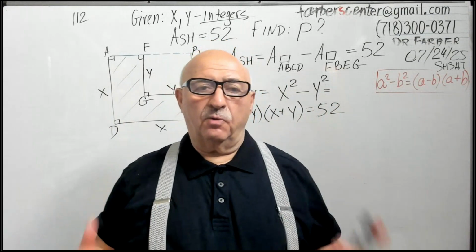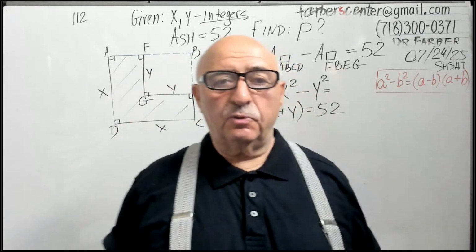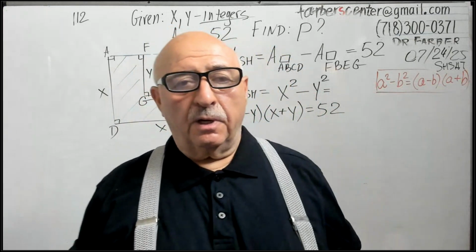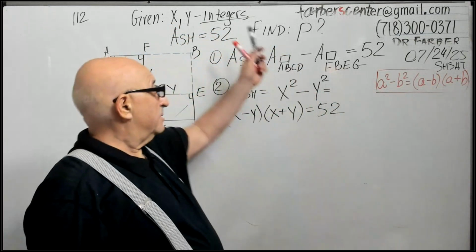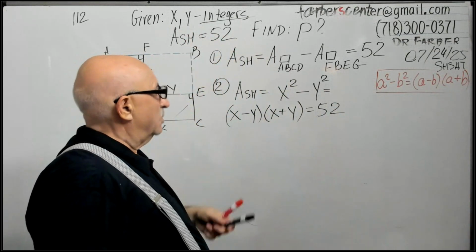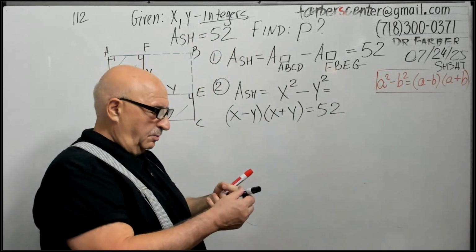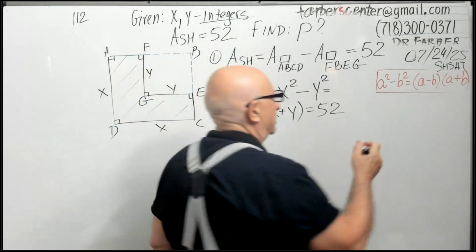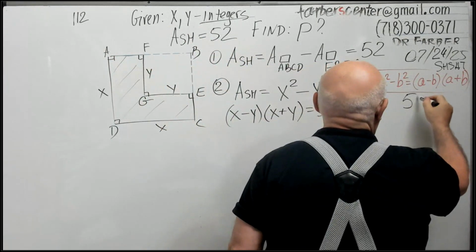The basic idea of Diophantine equations is that you use some extra properties. So let's go inside of this 52 and make, for instance, a prime factorization of 52.